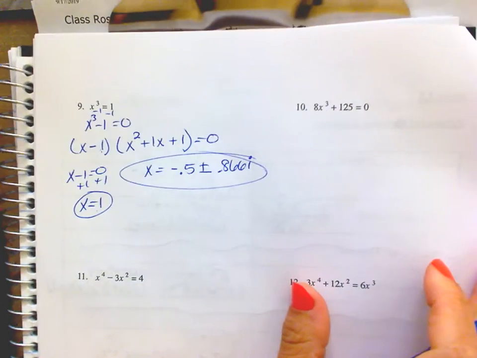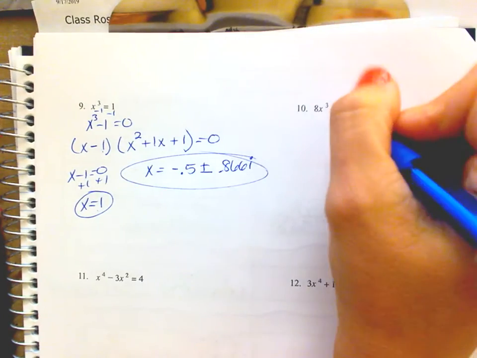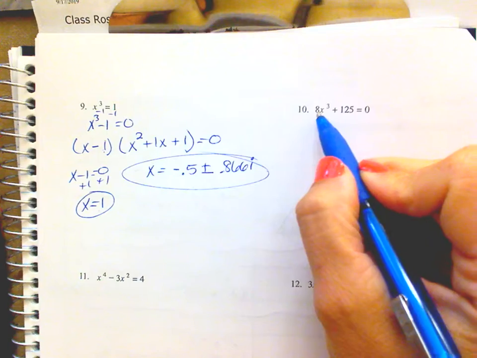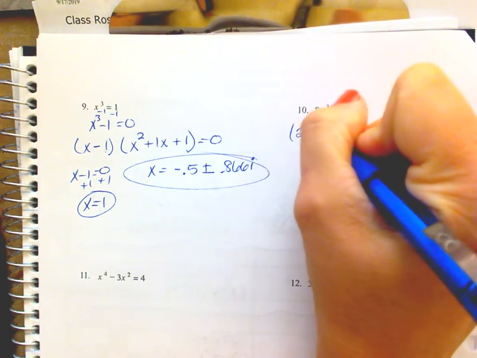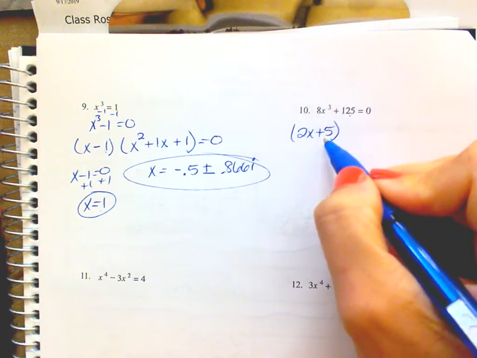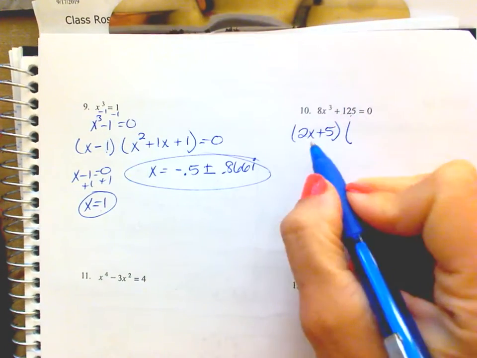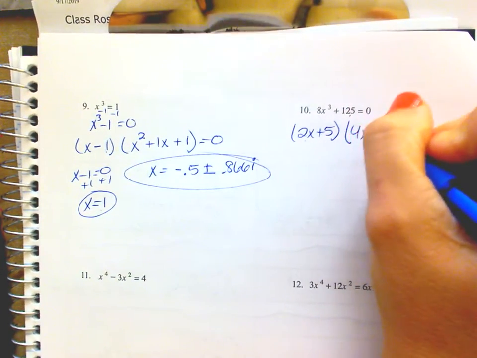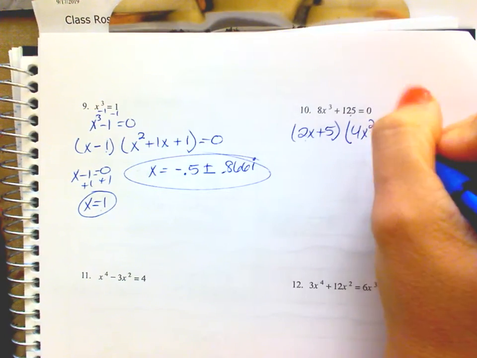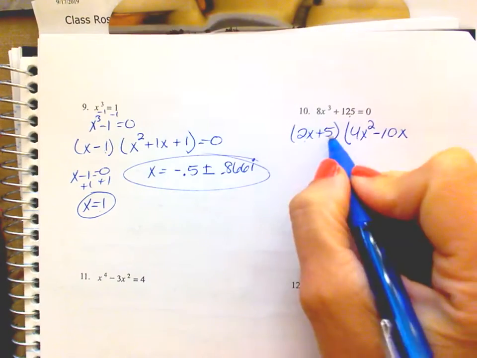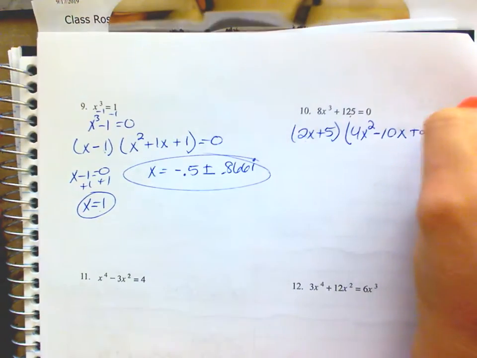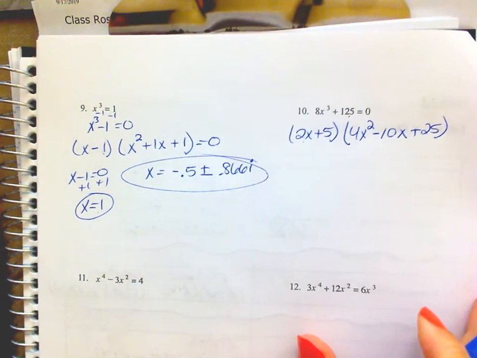Number 10 is done pretty much exactly the same as number 9. These are perfect cubes. So this will give us a 2x plus 5 if you cube root them both. Square the 2x, multiply them together, use the opposite sign though, and square the 5, always positive 25.